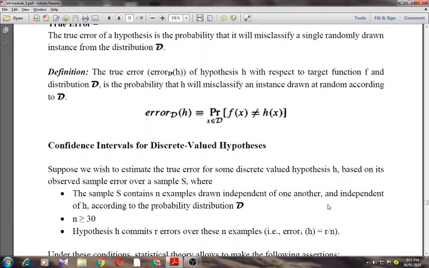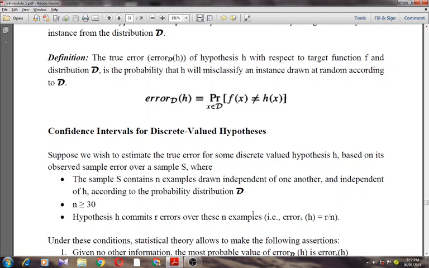Here we give an answer to the question, that is how good an estimate of error D of H is provided by error S of H. Suppose we wish to estimate the true error for some discrete valued hypothesis small h based on its observed sample error over a sample capital S, where sample S contains n examples drawn independent of one another and independent of H according to the probability distribution capital D. Here n is greater than or equal to 30.